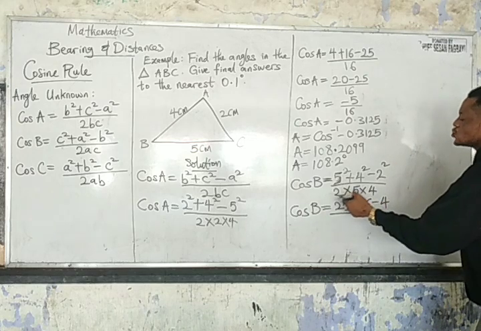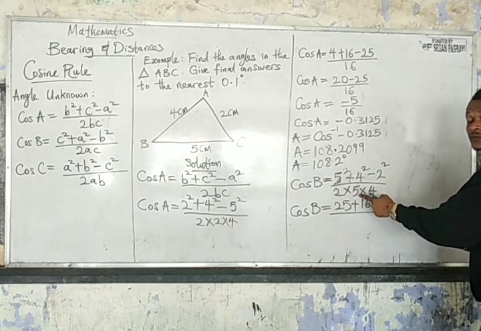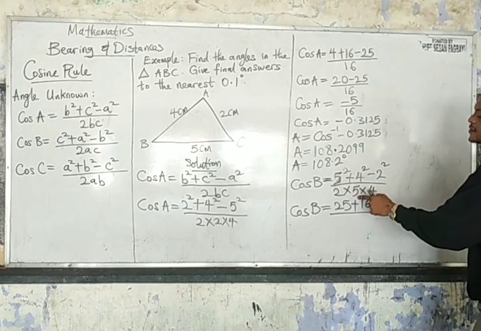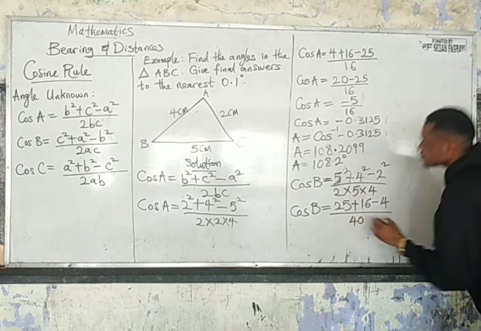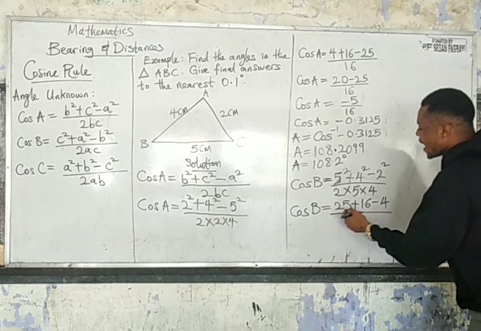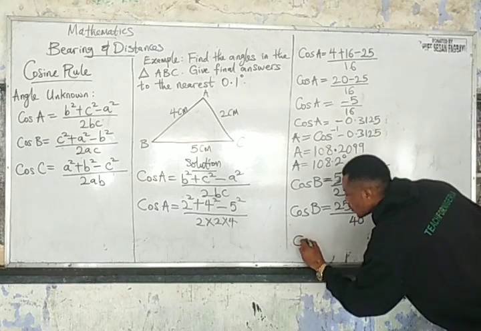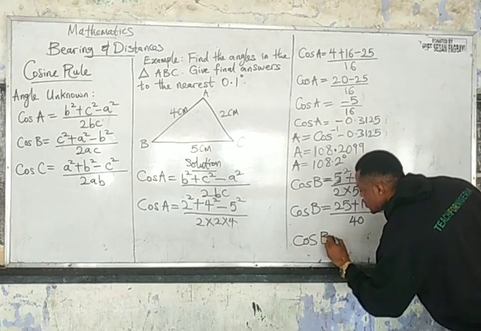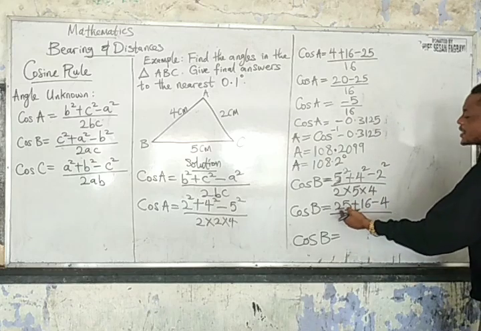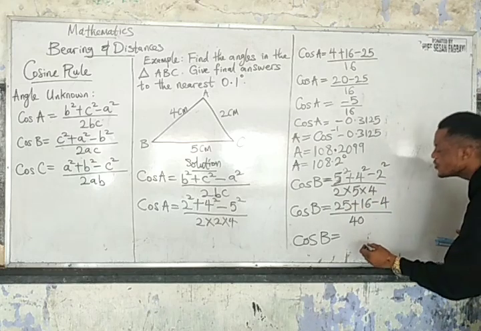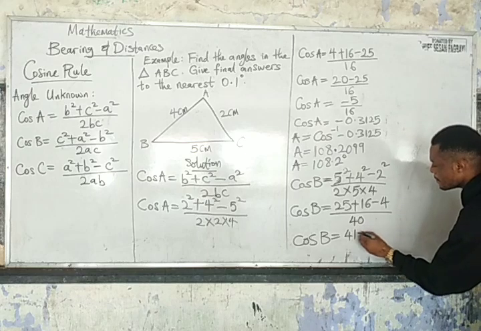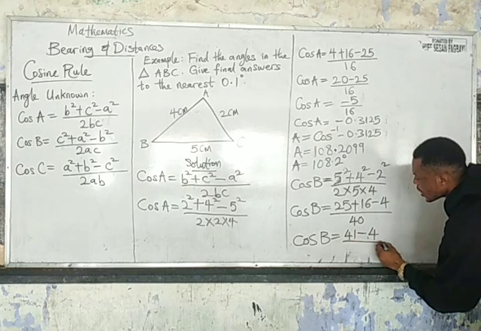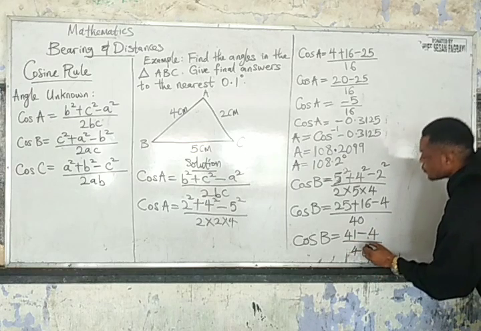Everything divided by 2 times 5, we have 10. Then 10 times 4, we have 40. So we can add the 2 together here. Cos B will result to addition of these 2 will leave us with 41. Then minus 4, everything all over 40.